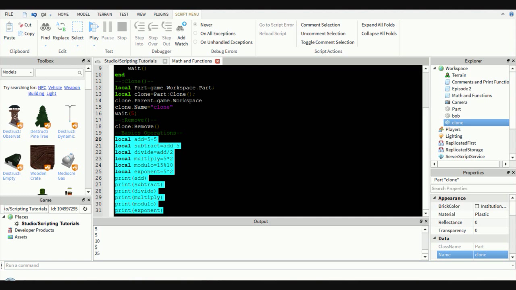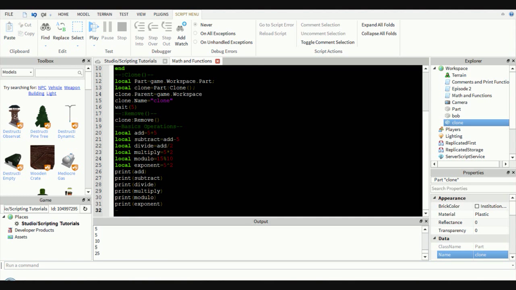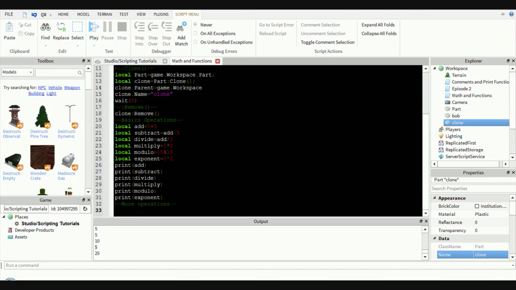And then some more operations. If you guys know trigonometry, I think that's how you pronounce it, then you would use these for really cool terrain generation, but it's pretty laggy. But let's go try it out.